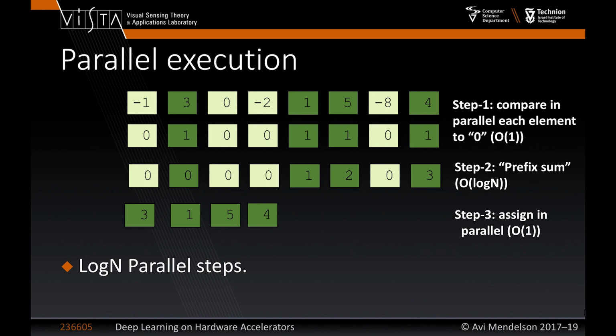Now that you have this vector, you can go back to parallel. Each one looks, and again I'm looking at this as my thread, and this thread actually will say: if you are 0, do nothing.